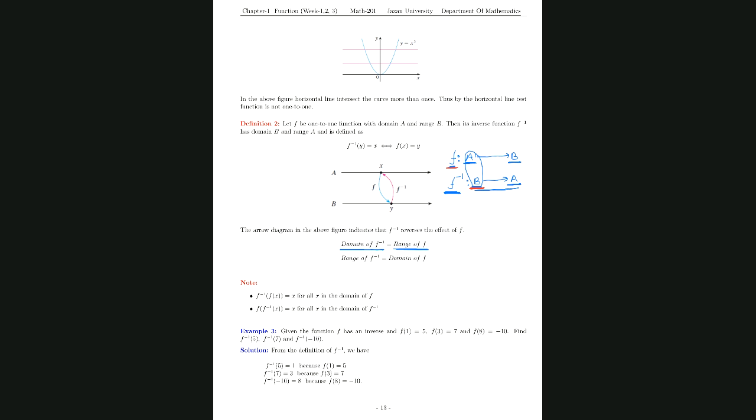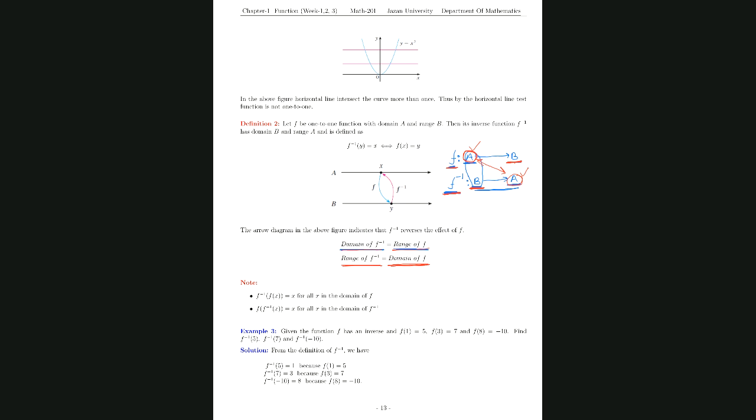So the domain of f inverse equals the range of f. And the range of f inverse equals the domain of f, since this a is the domain of f. So the range of f inverse and the domain of f are equal.